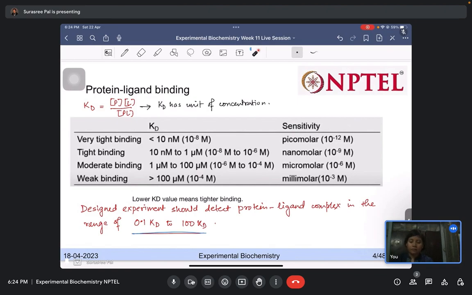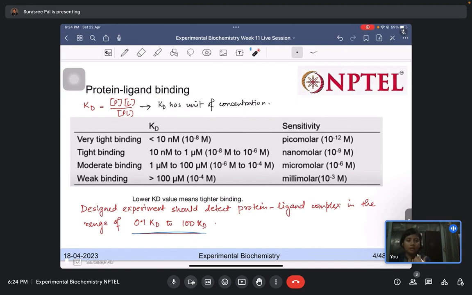So now we can guess that since the Kd value has a broad range, from nanomolar to micromolar, the sensitivity of our experiment also has to be such that it can detect this range of Kd. In case of very tight binding, the sensitivity must be in the range of picomolar.